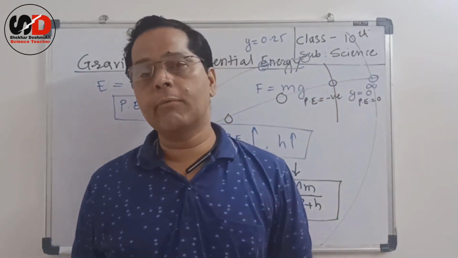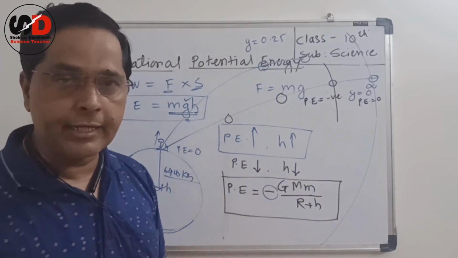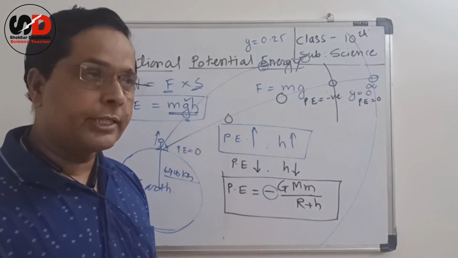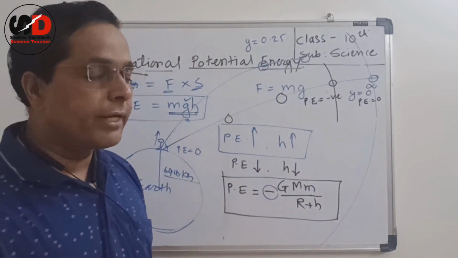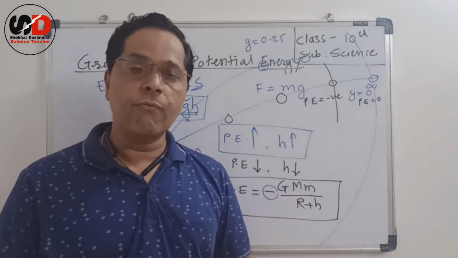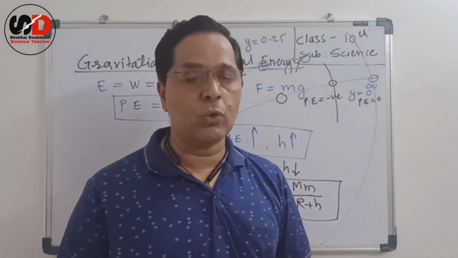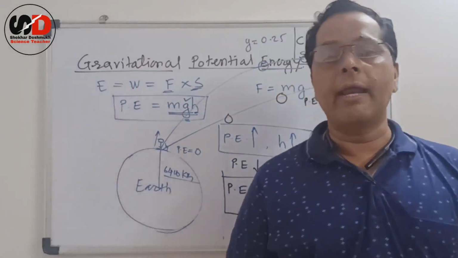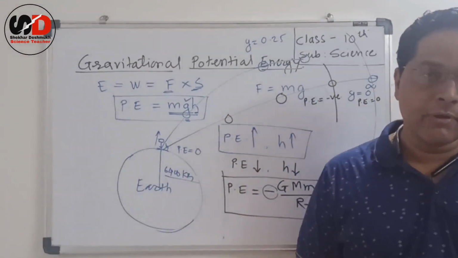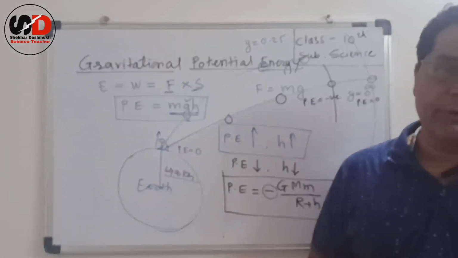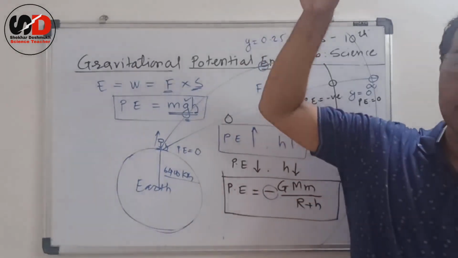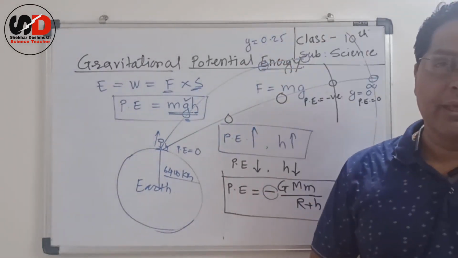So this is about gravitational potential energy. The potential energy we calculate for gravitational force only, and therefore it is gravitational potential energy by virtue of its position, as we are taking height from the surface of Earth.